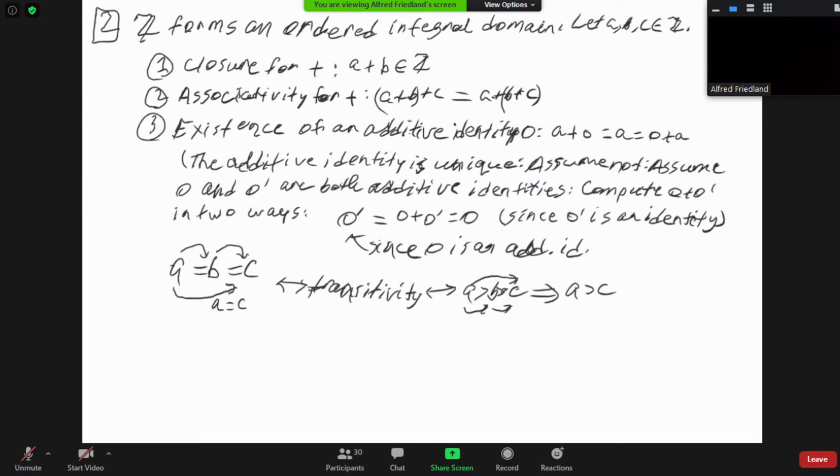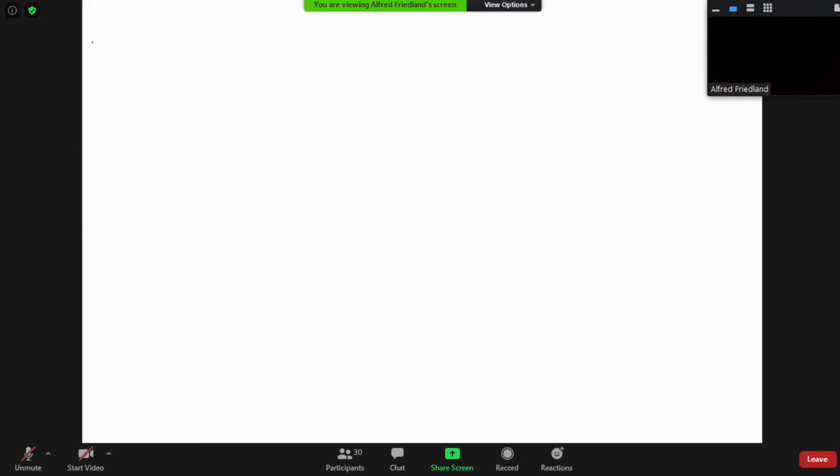So let's continue with property 4. I'm going to go to a new board. Okay, so this will be board 3. Up to property 4, existence of additive inverses, because we're still talking about addition.